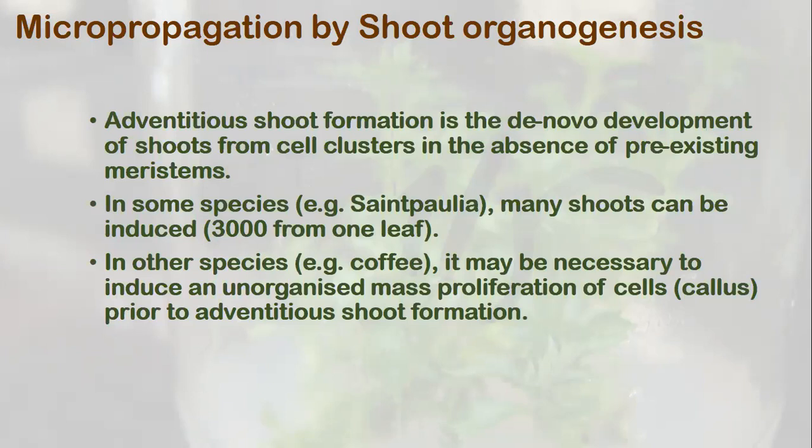In some species, this process is very, very efficient, as in the case of Saintpaulias. One leaf can get you 3,000 shoots, a very big number. In many plants it may be difficult to induce shoot organogenesis, but it is an efficient process and gives a good number of shoots in the case of eucalyptus also.